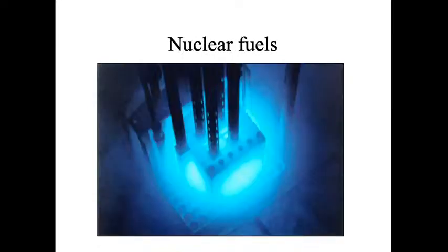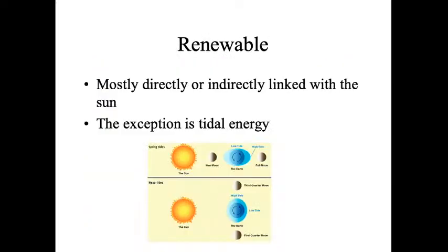All right, the next type we're going to look at would be nuclear fuels, and finally renewables. So nuclear is kind of a category of its own, and we're going to look at all the different types of renewables to some extent, not super in depth, but enough to get you a little more familiar with the physics side of these. So this is an important point. I'm going to highlight the first time. Most of our renewable energy is linked with the sun.